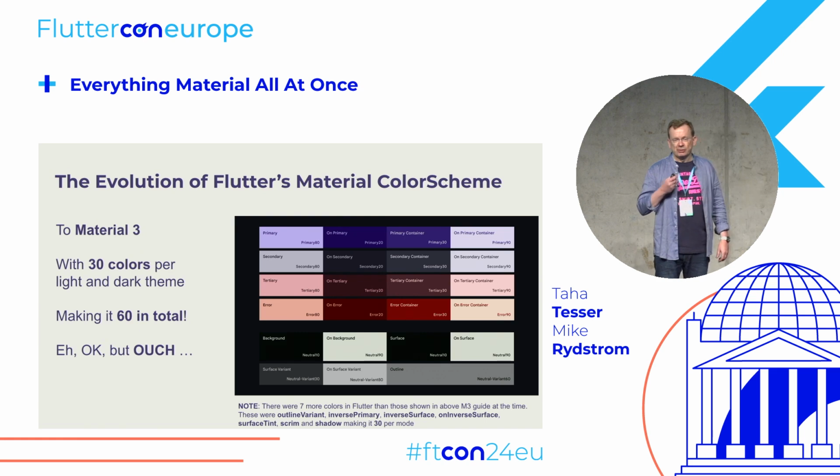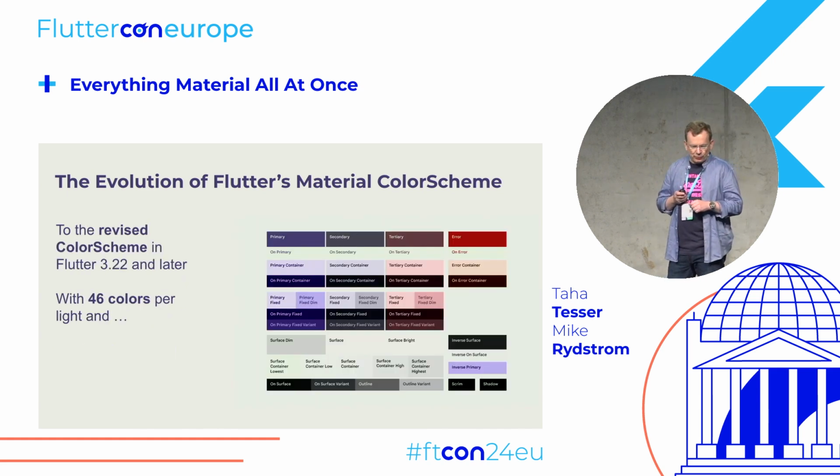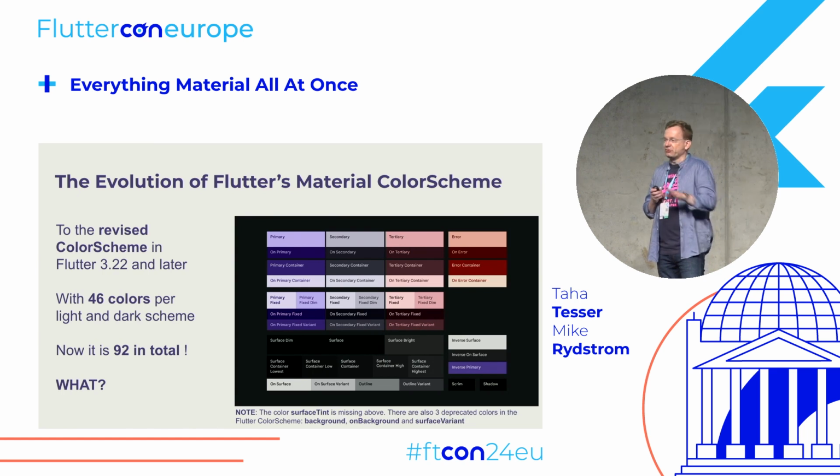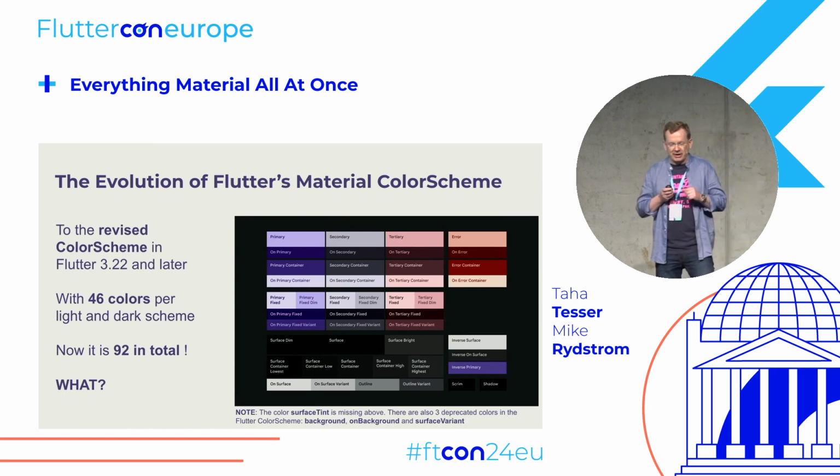So now 60 colors to define to make a nice color scheme for a material application. And that was already a bit much, but then came Flutter 3.22. And now we have 46 in light and dark, plus 3 that are deprecated. So 92 that you actively have to define. And this is like, what's going on? Why all these changes?